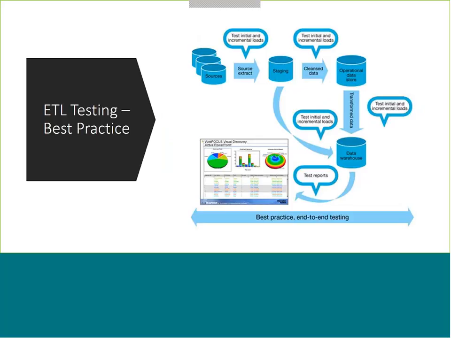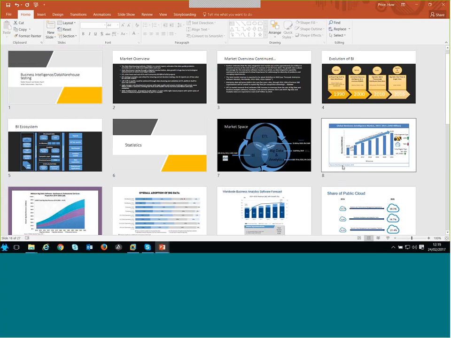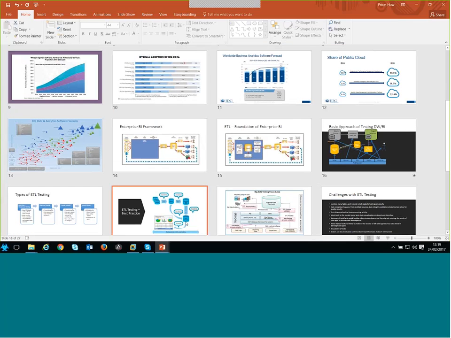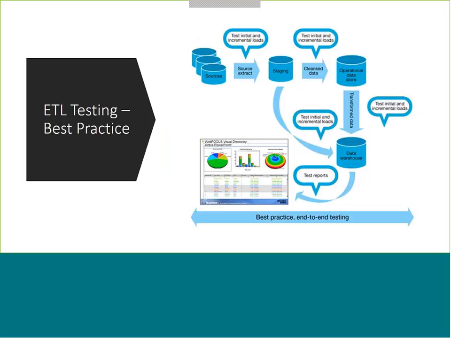Okay, so best practice. This has been put together now. If you look at what Sankar's done here, he's taken a look at a few things around the web. I would suggest that there isn't anything close to best practice at the moment.